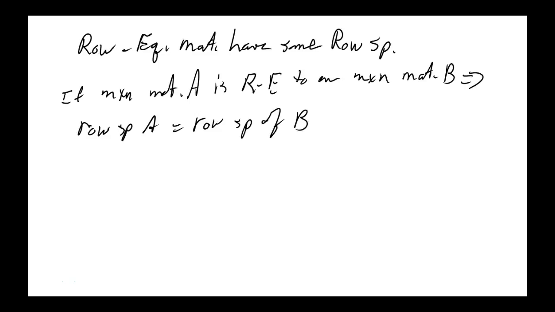It's the subspace of Rn spanned by the row vectors of A. It doesn't have to be all of Rn, just that portion.